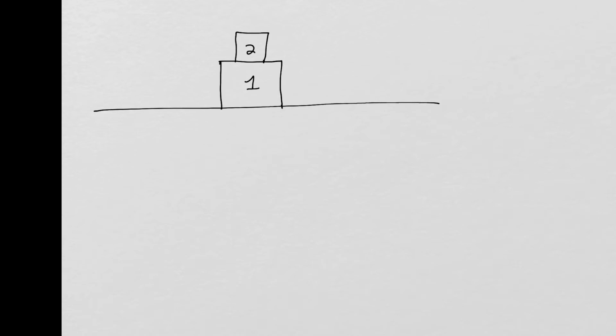Let's say we know the mass of block 1. I'll put it as 40 kilograms. But I'm looking for the mass of block 2. Let's say that's unknown. What else do we know? We know the applied force, like someone's pushing this to the right.